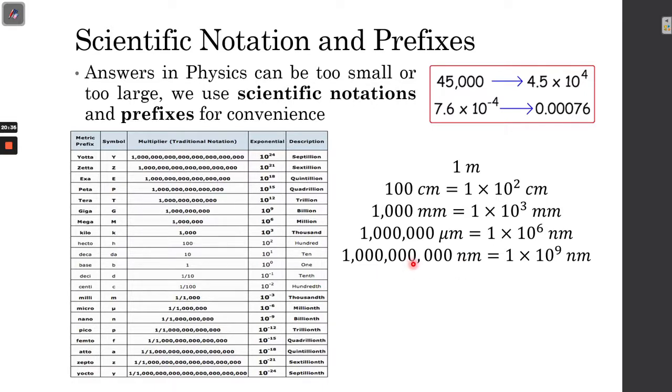So meaning 1 nanometer is equal to 1 billionth of a meter. So it means 1 meter is equal to 1 billion nanometers.